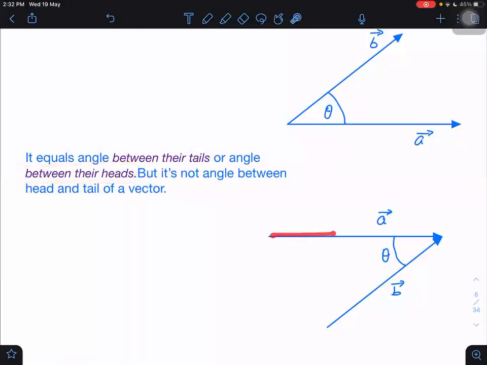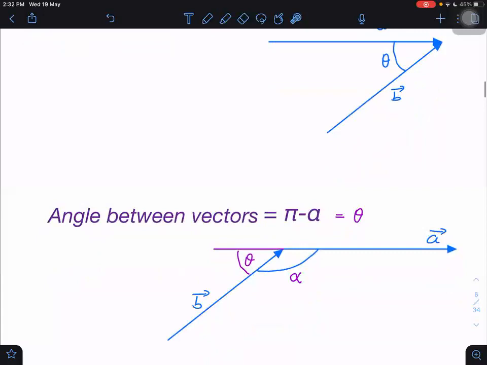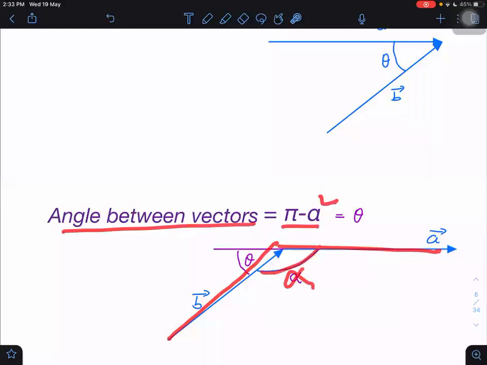If I connect one vector with another vector head to head, then that is also the angle between the vectors. If I connect vectors tail to tail, then that angle will also be the angle between the vectors. But if I connect head and tail, then this angle will no more be the angle between the vectors. The angle between vectors will now become pi minus the angle between head and tail.